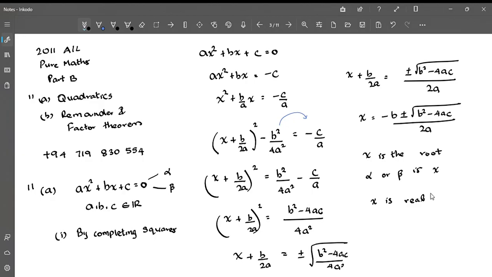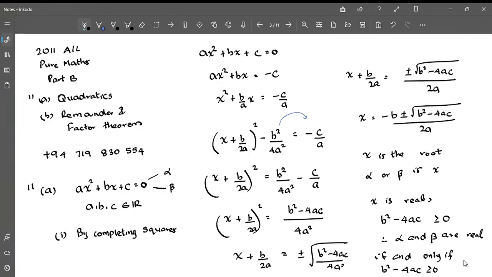So x will become real if this term is real. Whatever is inside the square root should be positive. b squared minus 4ac must be positive. Therefore alpha and beta are real if and only if b squared minus 4ac is greater than or equal to 0. 0 also works, no problem. Okay, that part is done.